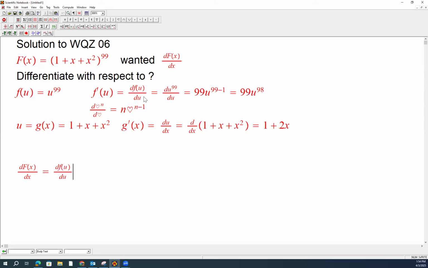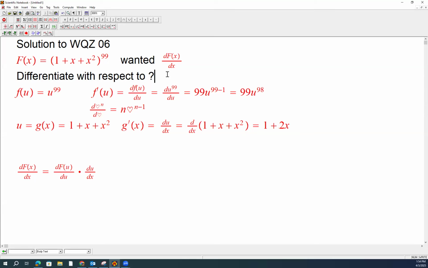f of u prime, multiplied by du dx. That's what you see on your index card. But on your index card you may have this capital F. If you write in terms of x, this is the relationship.